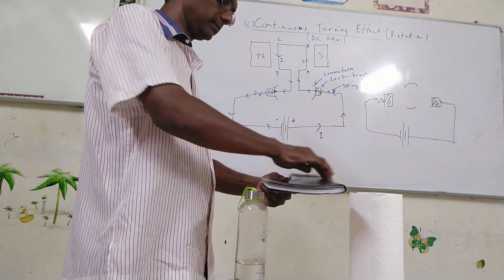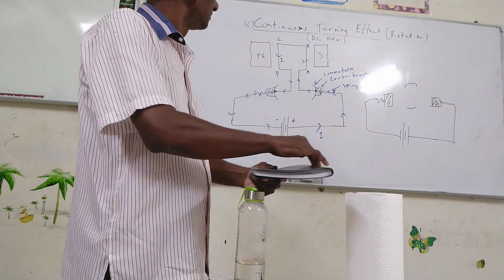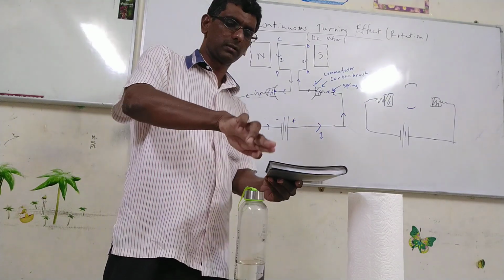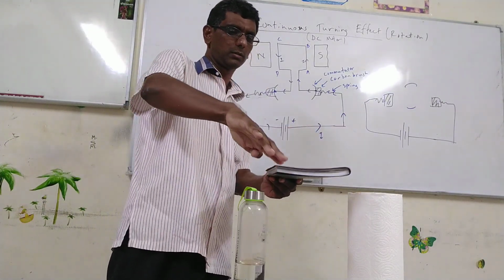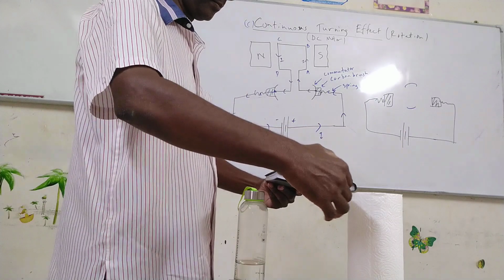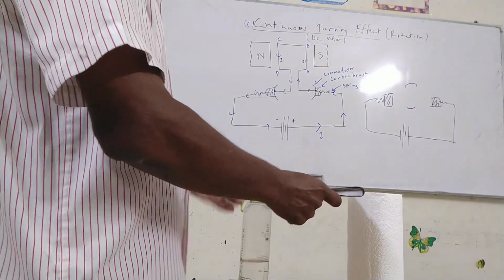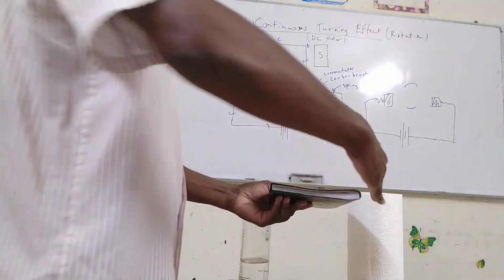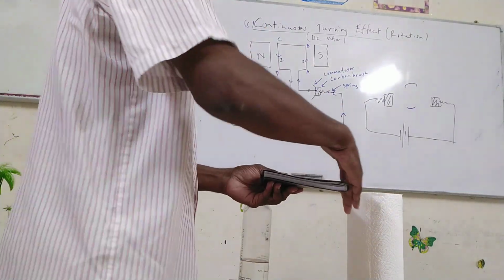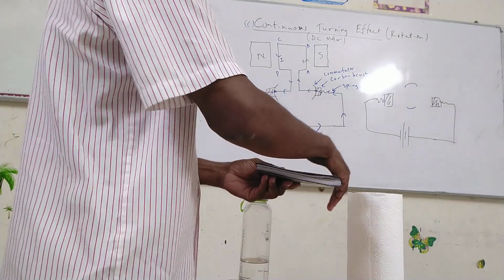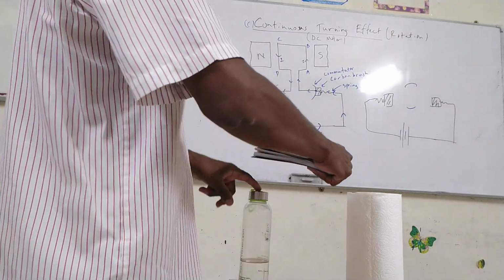So the current is going in and out. Sorry. A B C D. This is the positive battery and the negative battery. So current going in AB. This one AB is near the south pole and north pole.